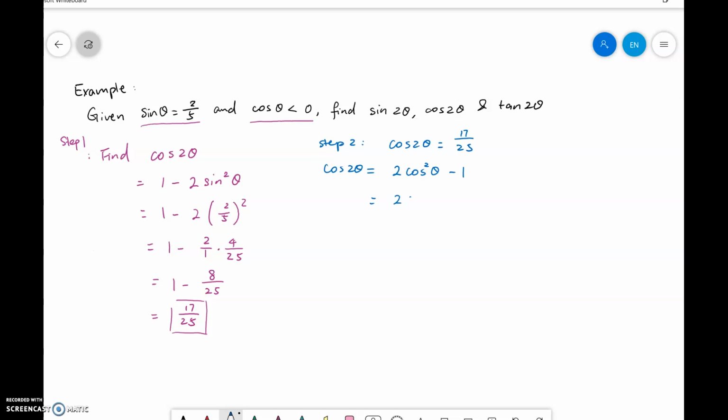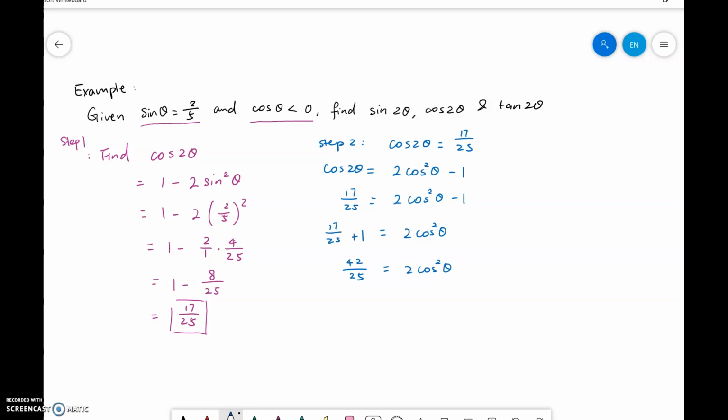So 2 copies of cosine squared theta minus 1 equal to 17 over 25. 2 copies of cosine squared theta will equal 17 over 25 plus 1, which is 42 over 25. 17 plus 25 should equal 42.